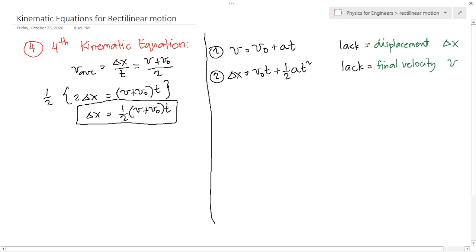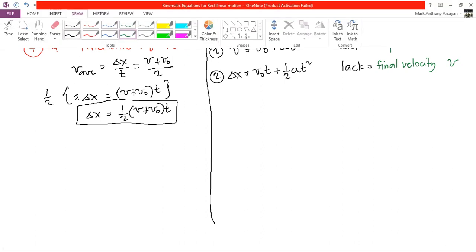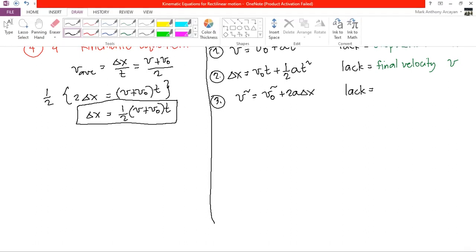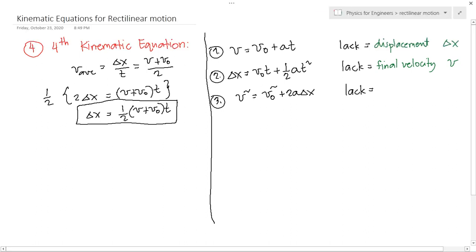Then for the third kinematic, that is the square of the final velocity equals the square of the initial velocity plus 2a delta x. So in this, yung locking dito is, of course, obvious na, is the time. So time is in seconds or abbreviated as t.